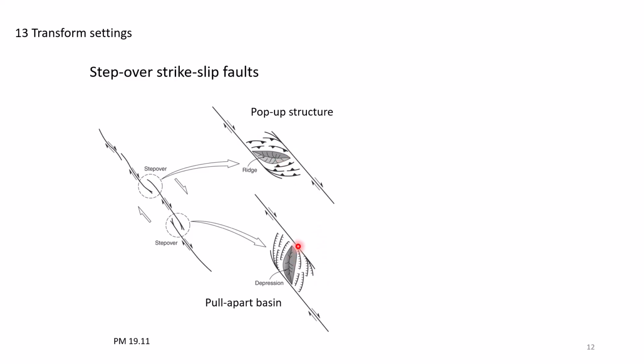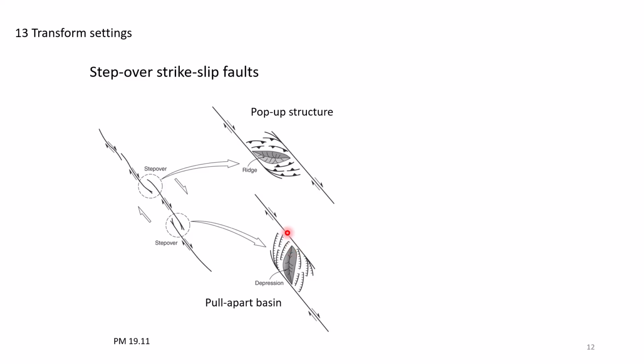If the offset is just mirrored to this case, we will find that the displacement along the two fault segments that we see here creates space in the overlapping area. Again, the northeastern block is moving to the southeast, the southwestern block is moving to the northwest, and that creates space in the overlap.